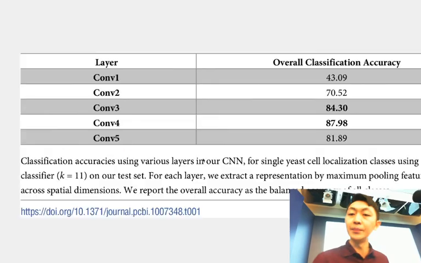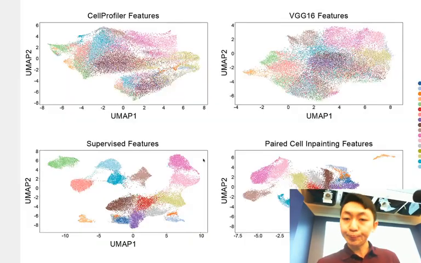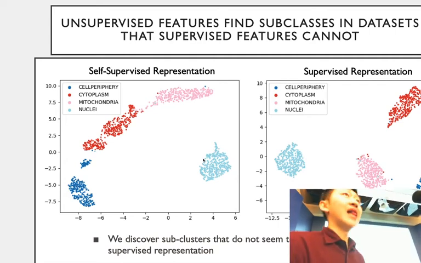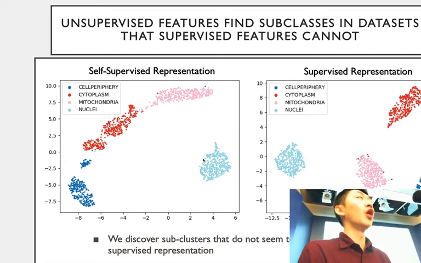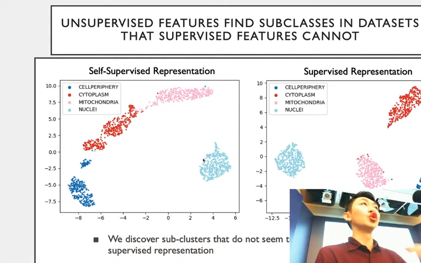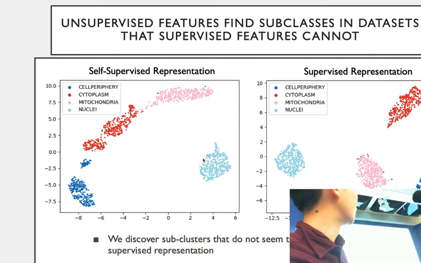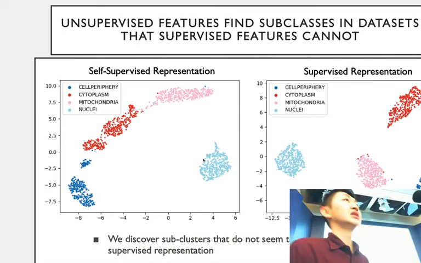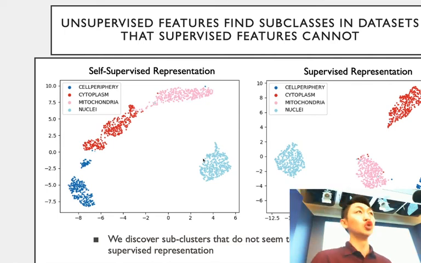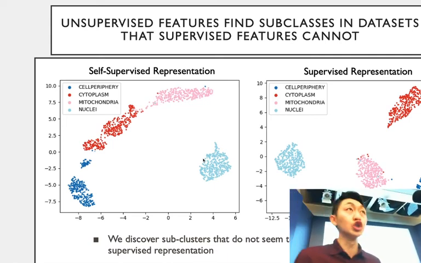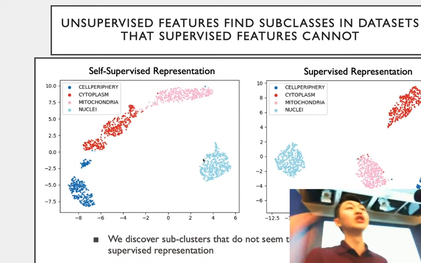To show you some data for this, these are some of the classes in our labeled classification data set, and you can see how they form clusters. These are representations from the supervised representation, and each of these four classes tends to form a single distinct cluster. Whereas with the self-supervised representation, they start forming multiple clusters for each class, even though the clusters are still adjacent to each other.